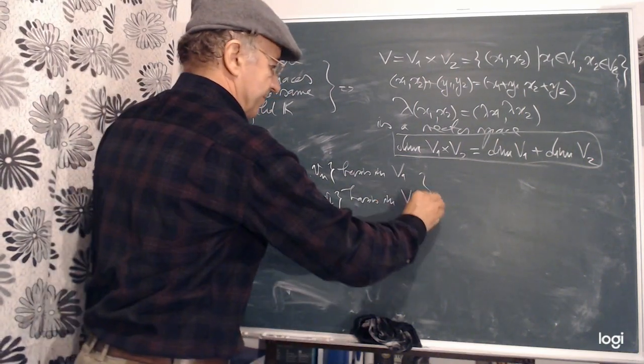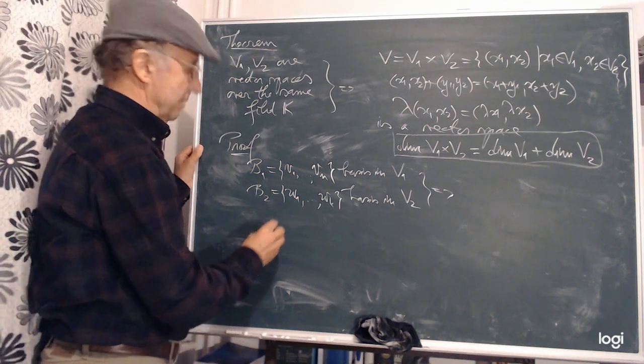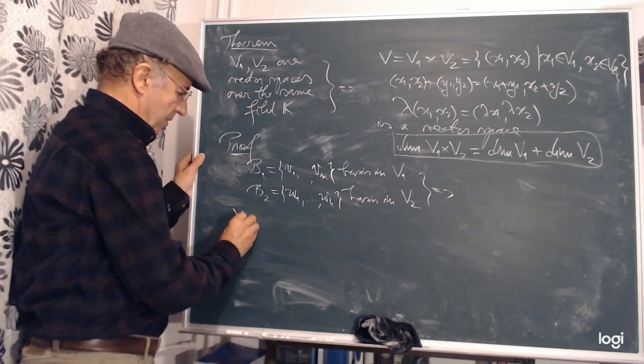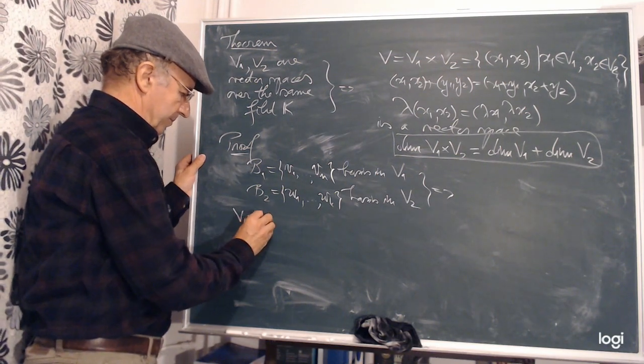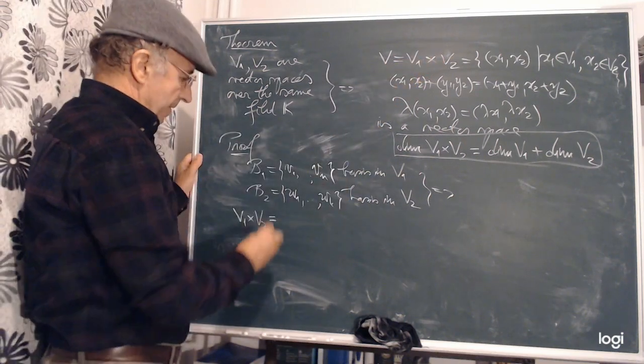Then we get that our vector space V1 times V2 is described there.